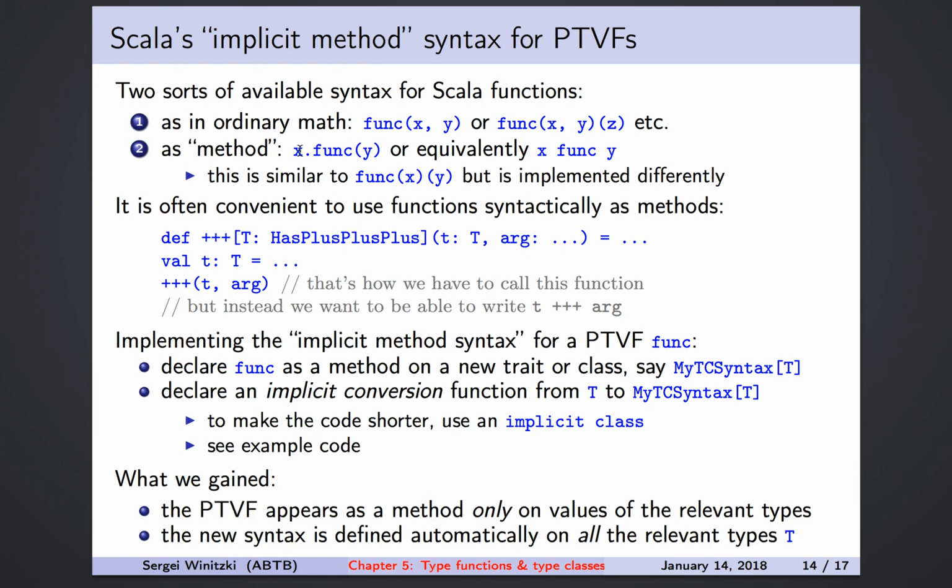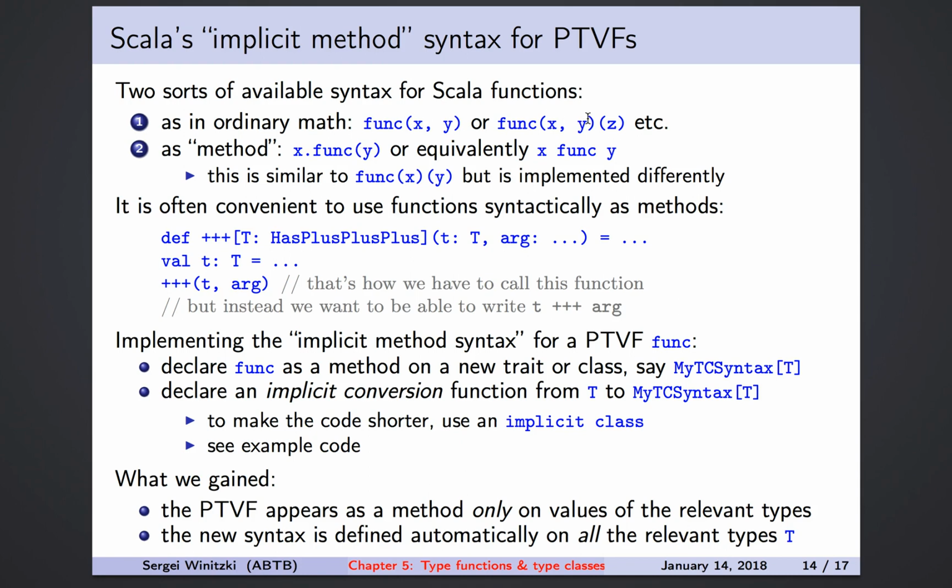Another way is to have a syntax like this, x.func of y, which is a method kind of syntax, like object-oriented methods. Pretty much all object-oriented languages use this syntax. In Scala, there is another equivalent syntax. Whenever you can say x.func of y, you can also say x space func space y. Sometimes that's easier to read.